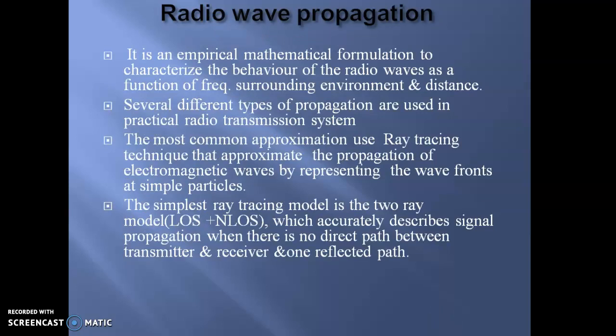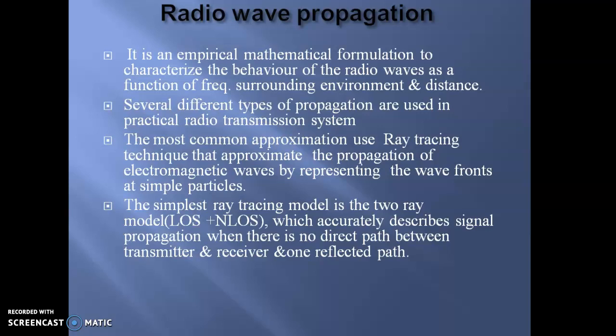Next, what is radio wave propagation? It is an empirical mathematical formulation to characterize the behavior of radio waves as a function of frequency, surrounding environment and distance. Several different types of propagation are used in practical radio transmission systems.